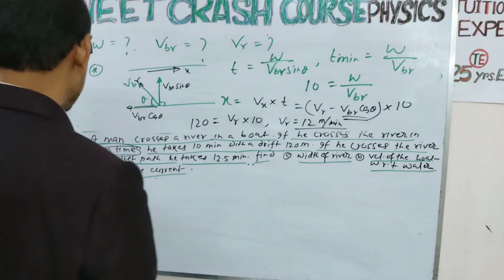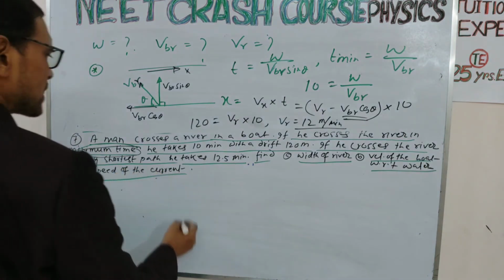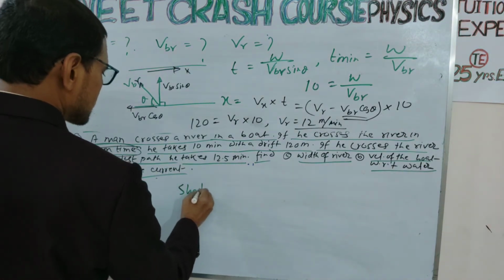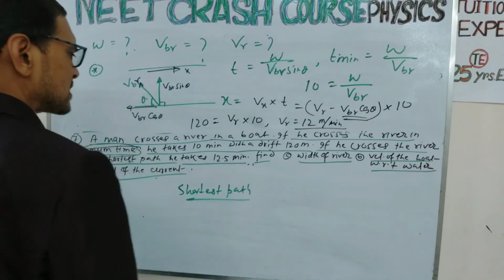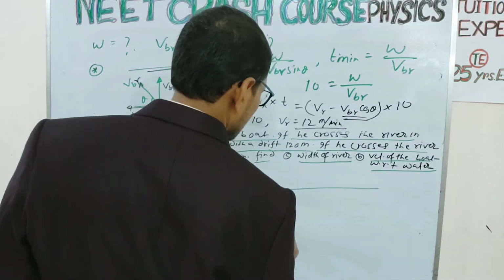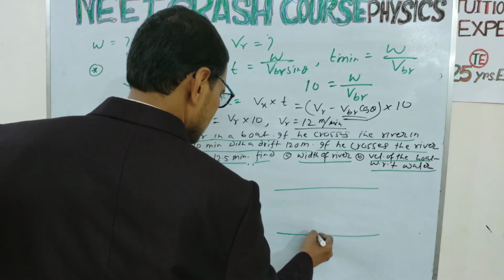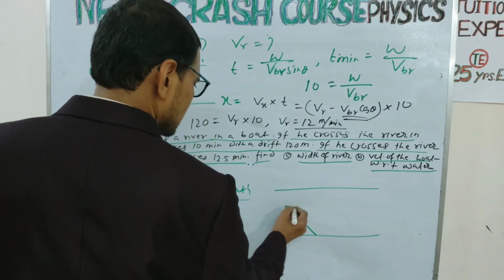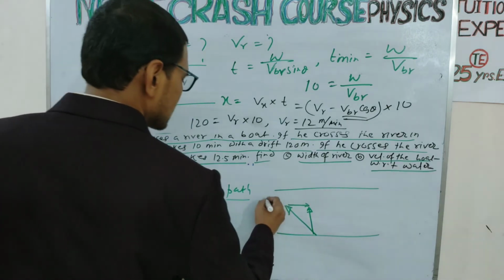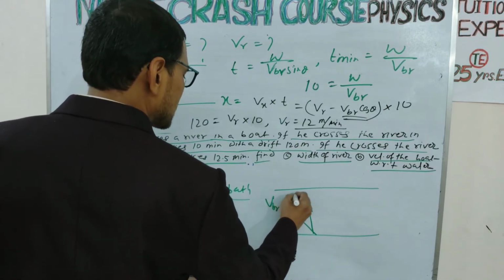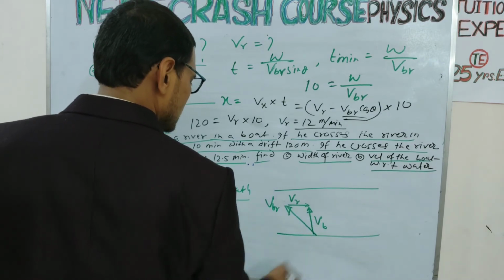Now if he crosses the river taking shortest path, what is it for shortest path? The figure will be this. So this is VBR, this is VR and this is VB, suppose velocity of boat VB.